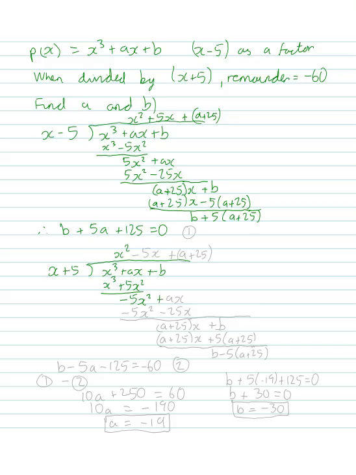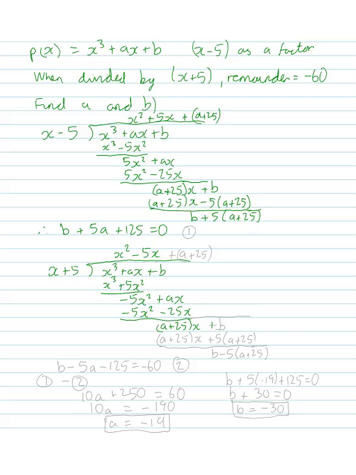We bring down the plus ax. This time we're multiplying by negative 5x, and that gives us minus 5x squared and minus 25x. And this time we get a plus 25x because it's a minus minus 25, so it's a plus 25.